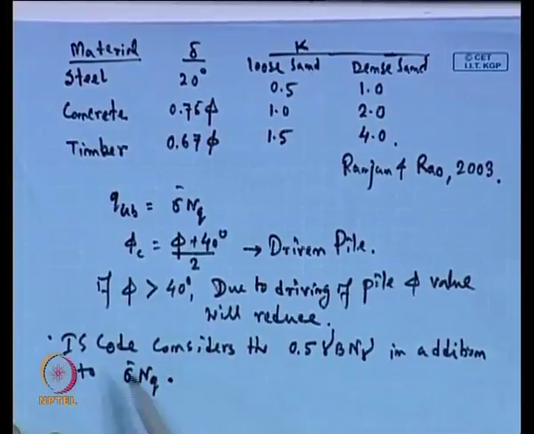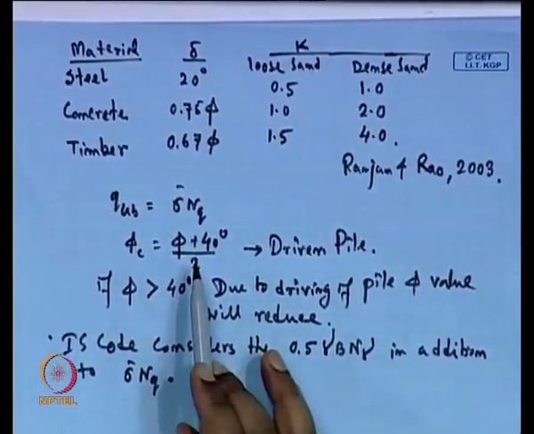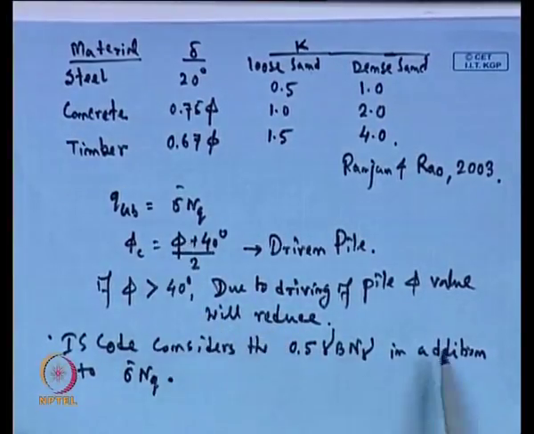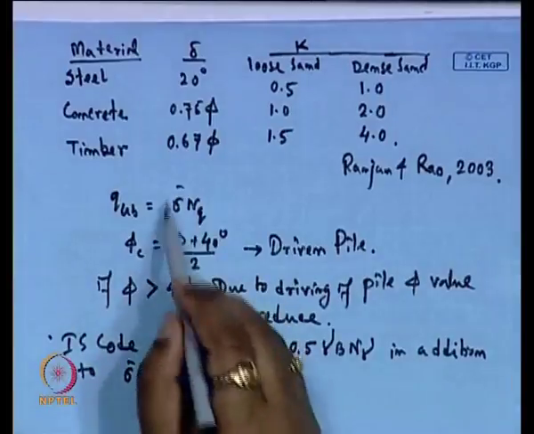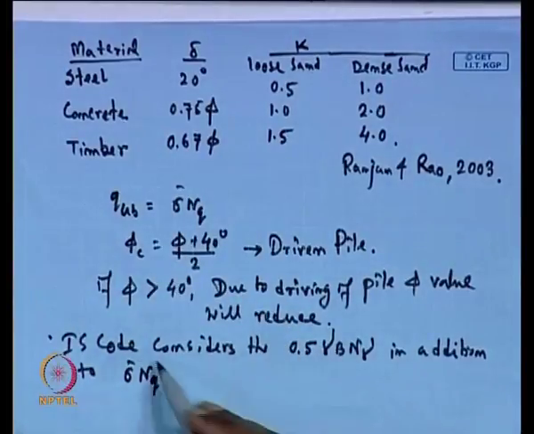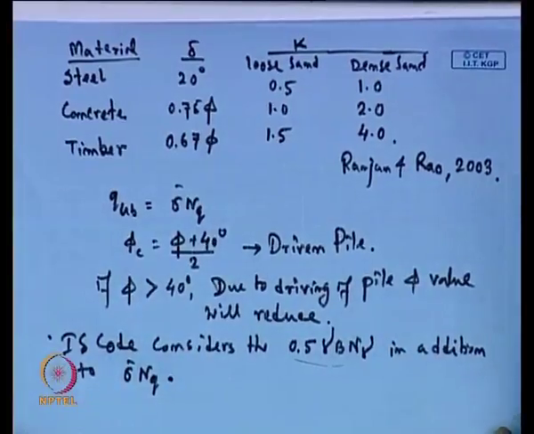That means the IS code recommends that you have to consider this third part that you have neglected in this expression, in addition to this one. So we get the contribution from this one also. If this is very small compared to the other, we can neglect it, but according to the IS code you have to consider this part also when you calculate this Qub. So, now this is the pile for the frictional granular type of soil.